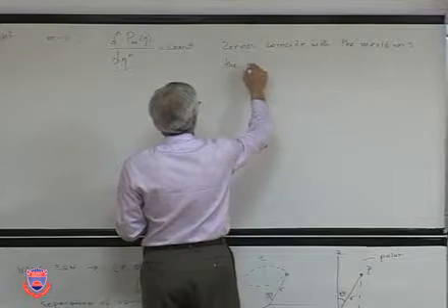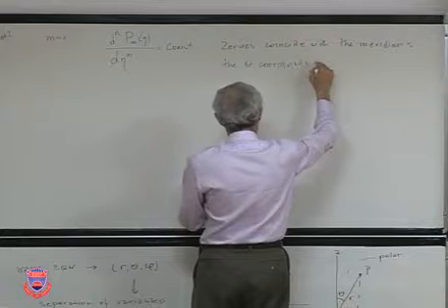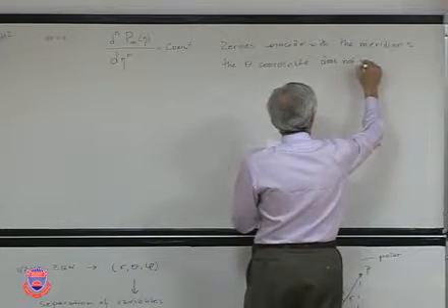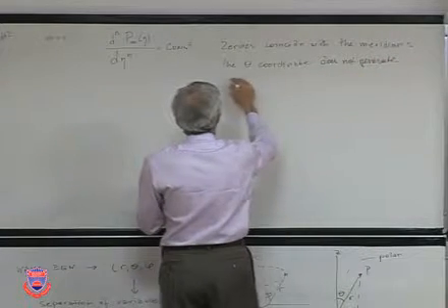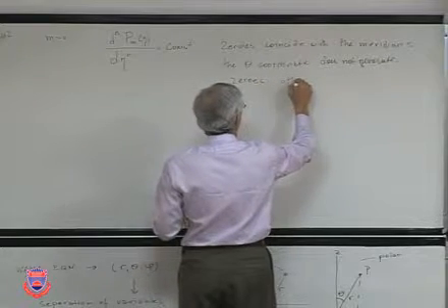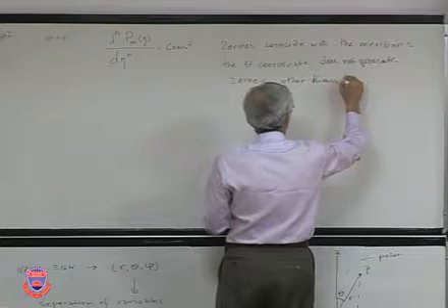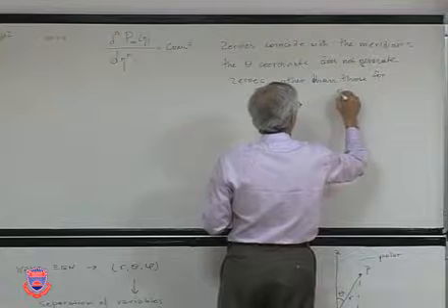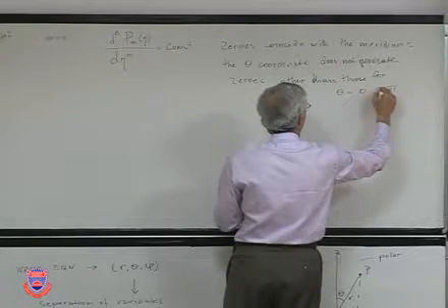The theta coordinate does not generate zeros other than those at theta equals 0 and pi.